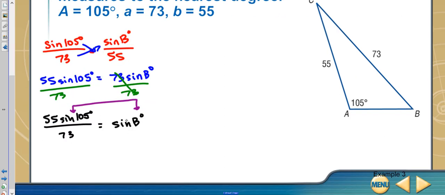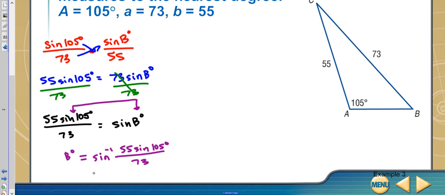Remember, inverse normally switches the x and y, but when it comes to trig, it switches the angle and the side lengths. So I will say B degrees will equal sine inverse of 55 sine 105 over 73.